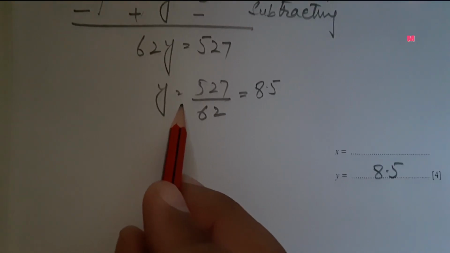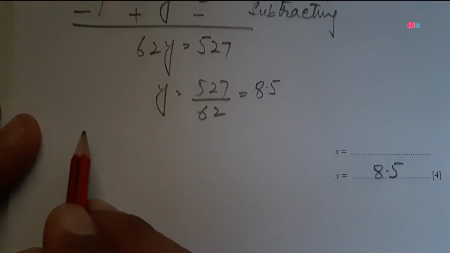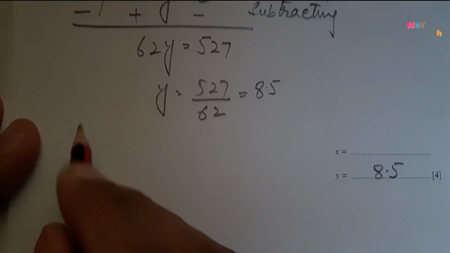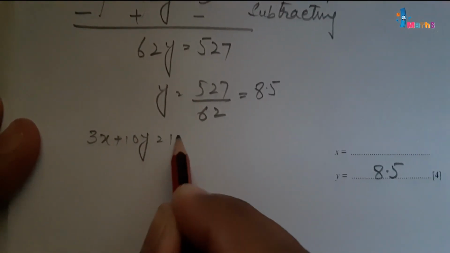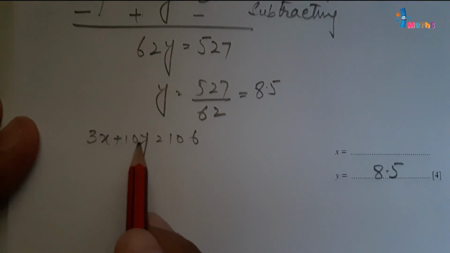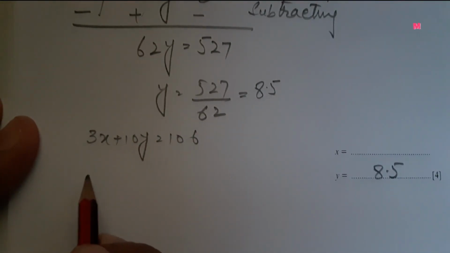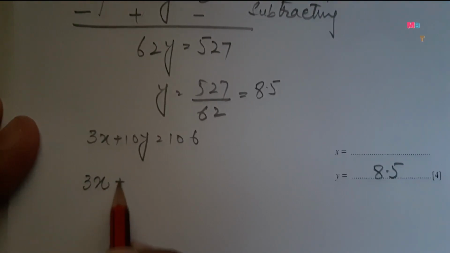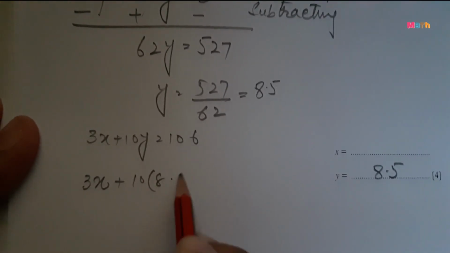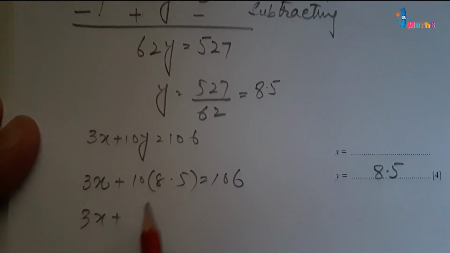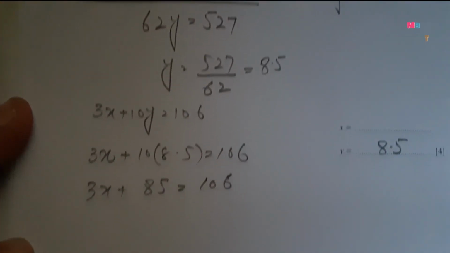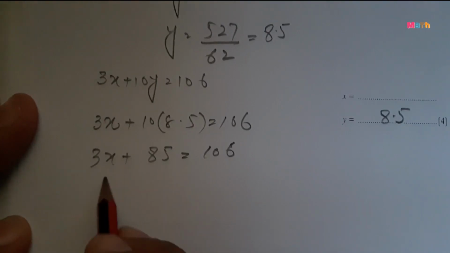Now we will replace this y value in any of the given equations. I will write the first equation, 3x plus 10y is equal to 106. In this one I will replace the value of y as 8.5. So 3x plus 10 into 8.5 is equal to 106. 8.5 into 10 will be 85, so 3x plus 85 is equal to 106, and we shift this 85 to the other side.